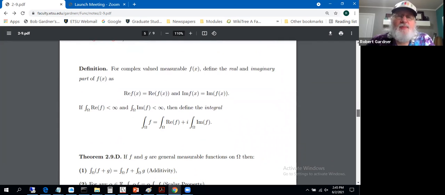Oh, I take it back. We'll mention this complex version, though I don't know if we'll ever use it. We're primarily going to consider functions of real variables and real outputs, but we could also take a function of a real variable input and a complex output and consider the real part of the output and the imaginary part of the output, provided we get finite integrals of the real and imaginary parts, both of which are real, by the way.